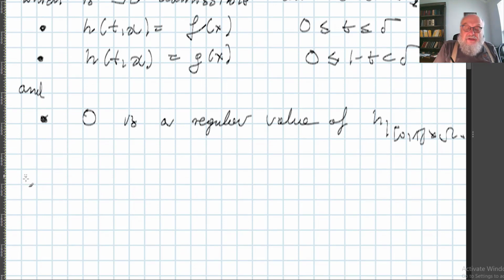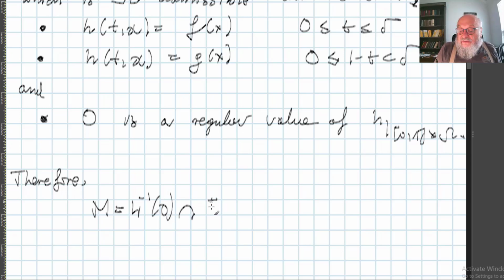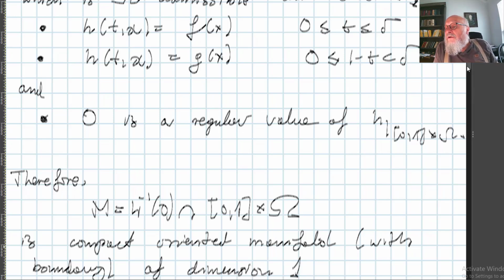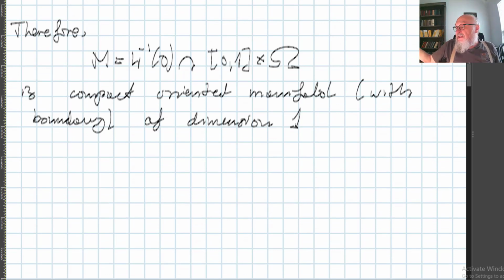So if this is a regular value, that means in particular, therefore, this set M, which I write as h minus 1 of 0 intersected with [0,1] times omega, is a compact oriented manifold, of course with boundary, of dimension 1.